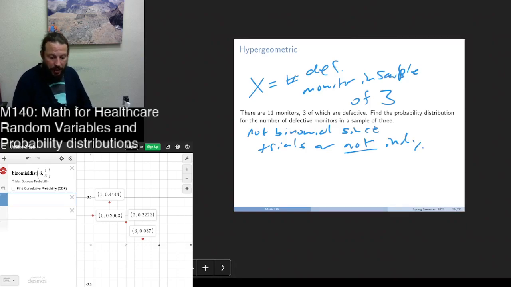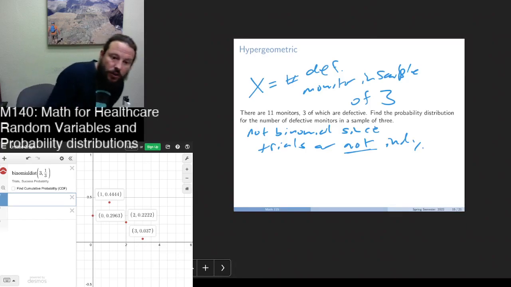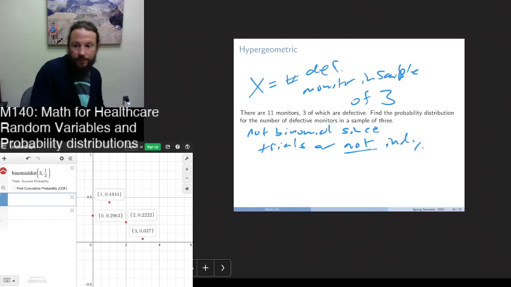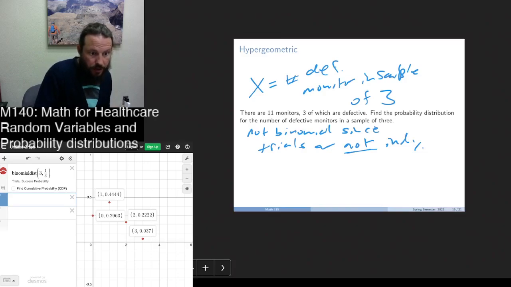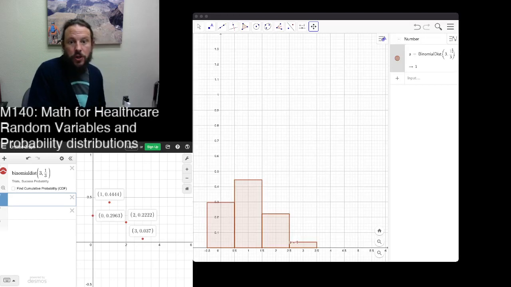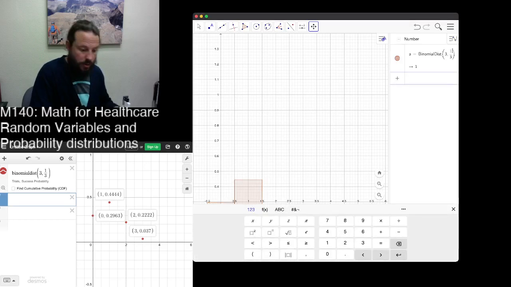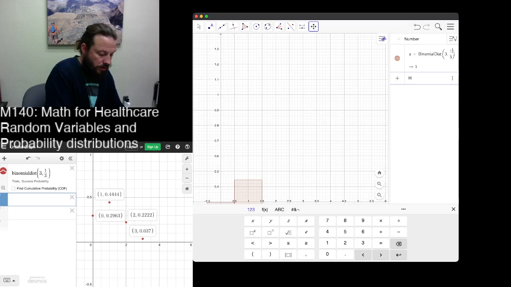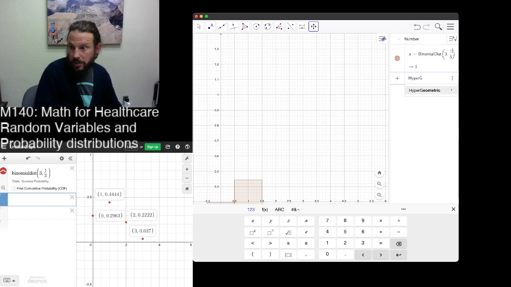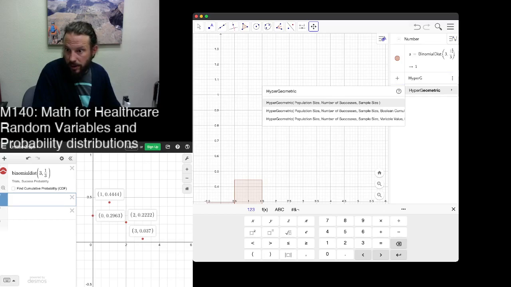However, it's very related. In fact, let's take a view of what it looks like in GeoGebra. That's the binomial that you see there. I want hypergeometric. Okay.